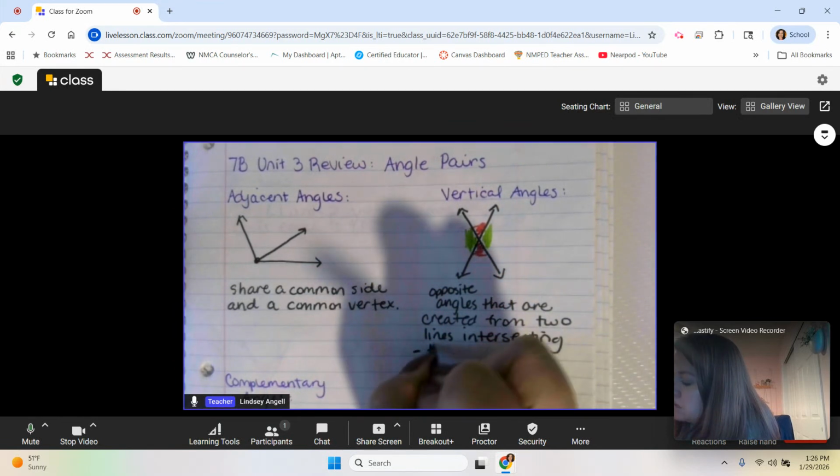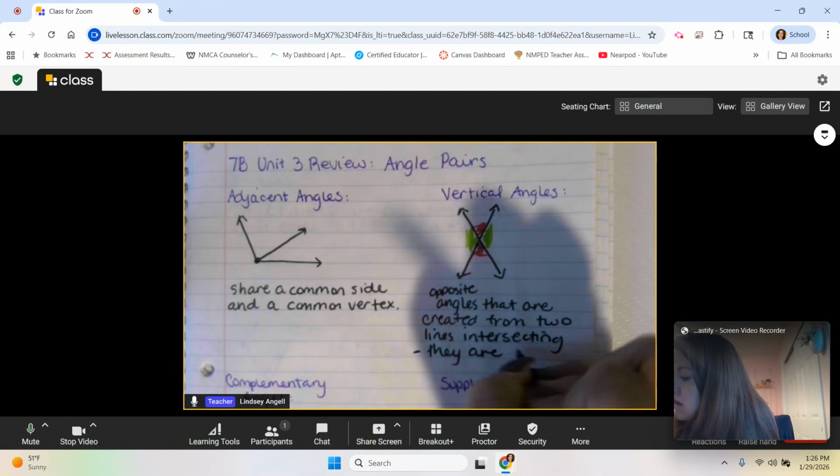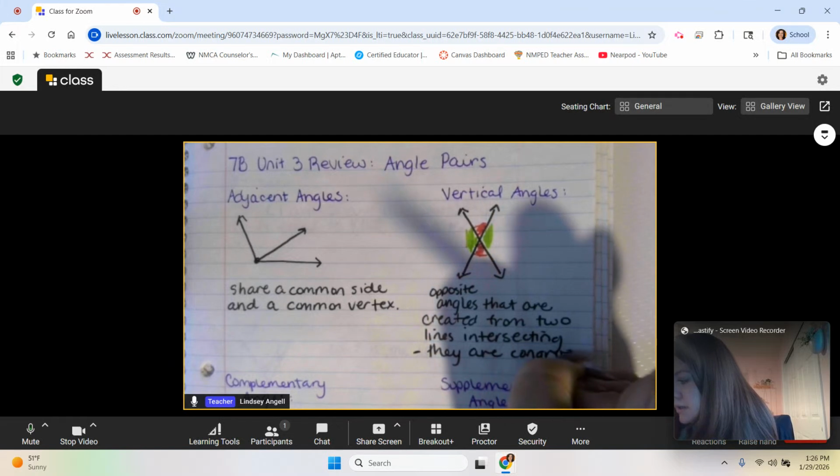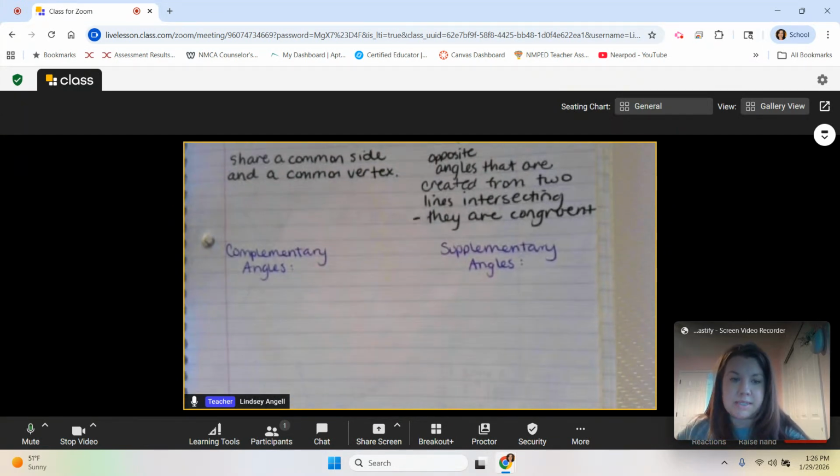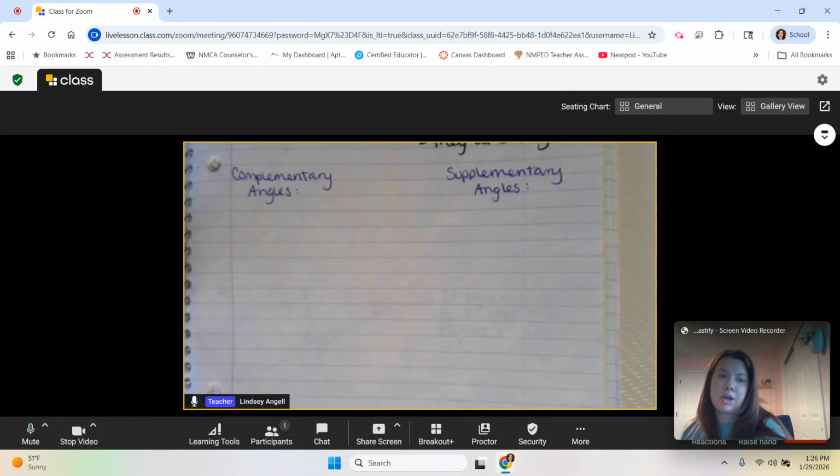And we should make a note. They are congruent. Okay, big fancy word for they are equal. All right, so they're opposite angles that are created from two lines intersecting. They are congruent.